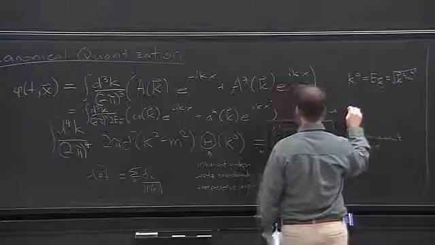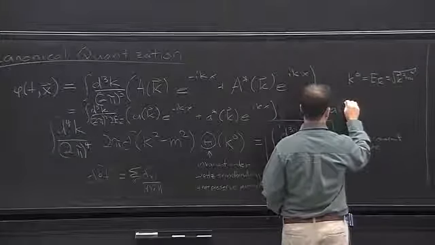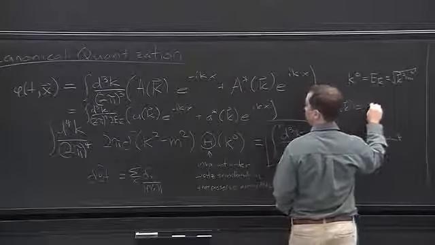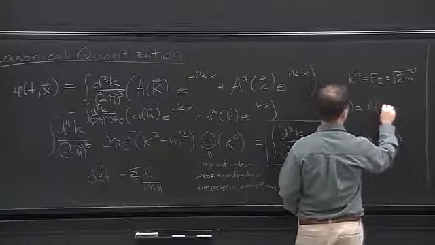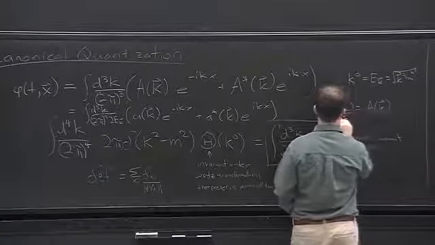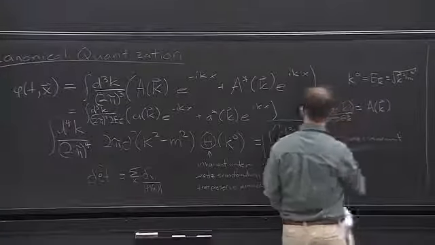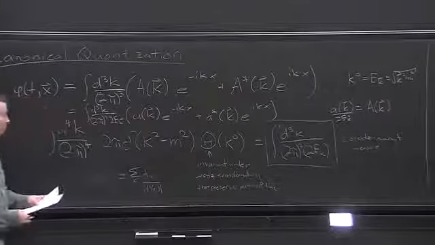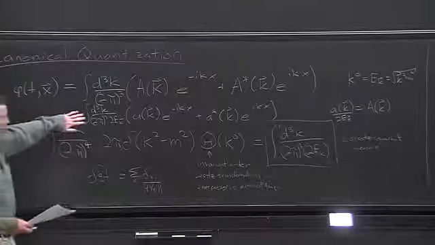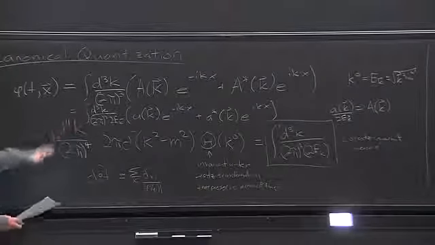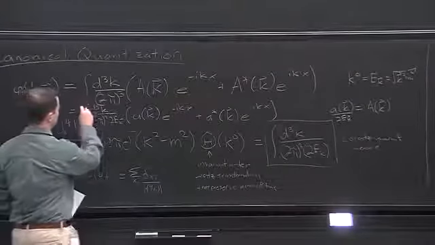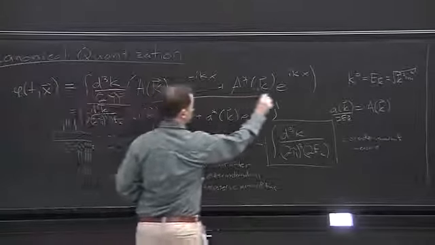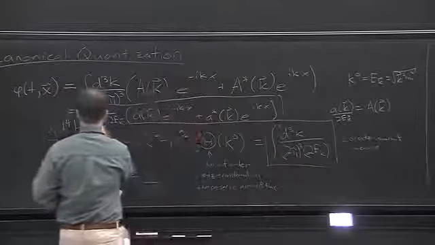A k is a of k over 2ek. So this form in the second line of the solution will be the one we'll use going forward.